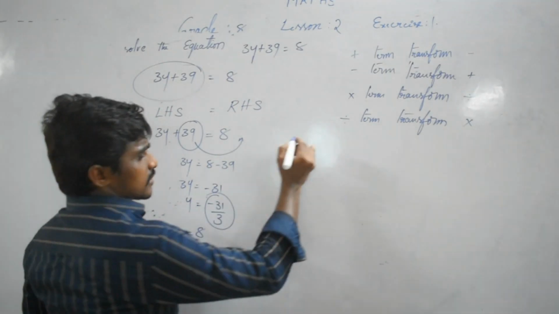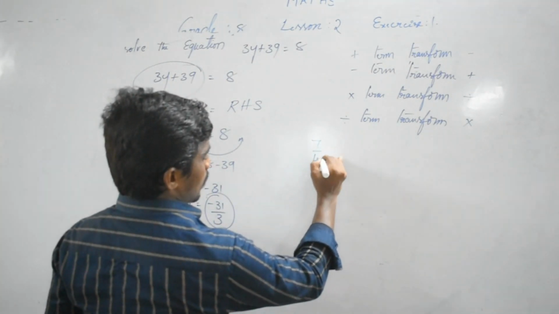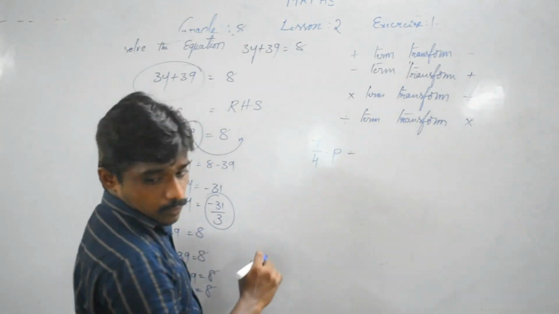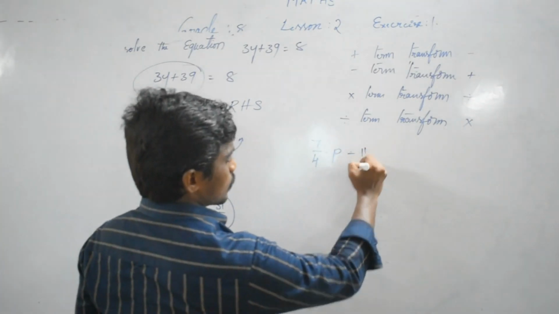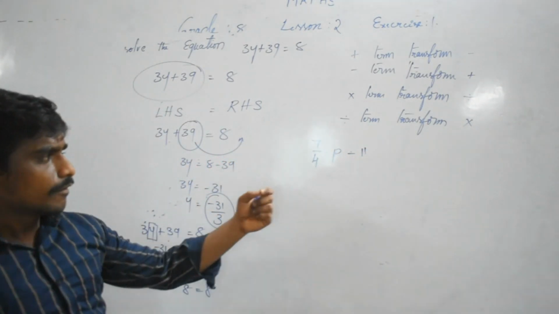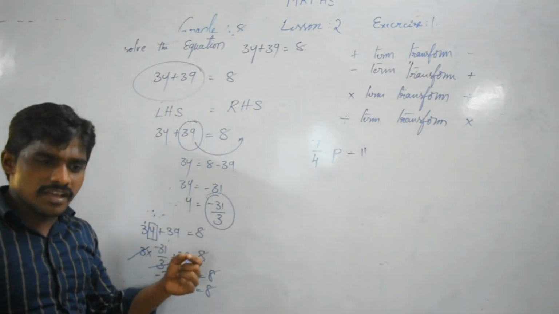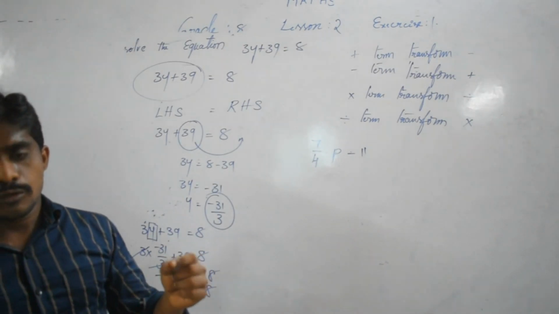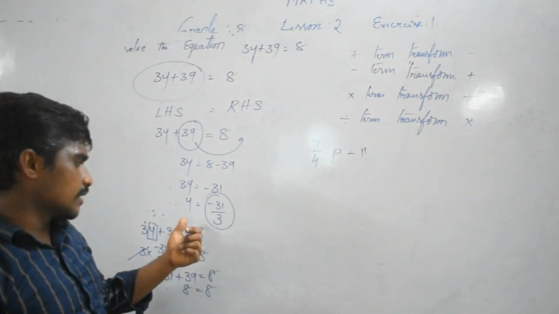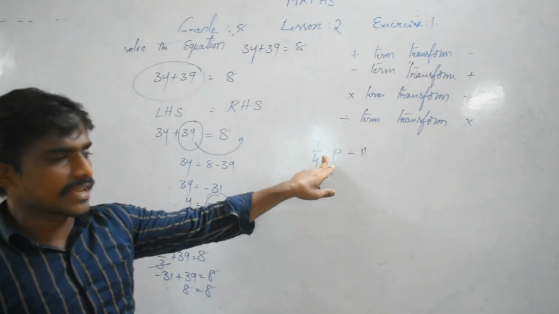Next, 7 by 4 minus p is equal to 11. Here see, variables we always show as positive, but here it is given as negative.